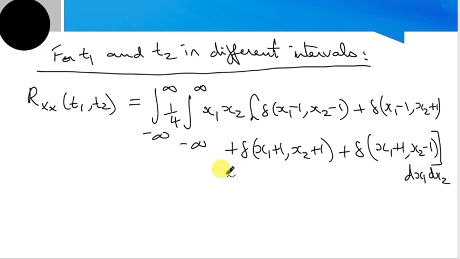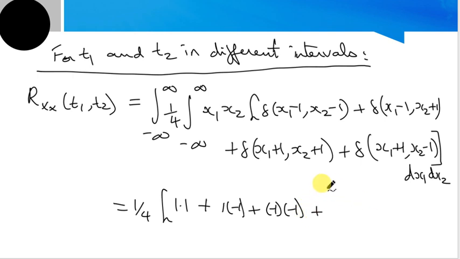So this would give me the value as 1 by 4 into 1 into 1, isn't it? x1 minus 1, x2 minus 1, so 1 into 1, plus 1 into minus 1, plus minus 1 into minus 1, plus again minus 1 into 1.